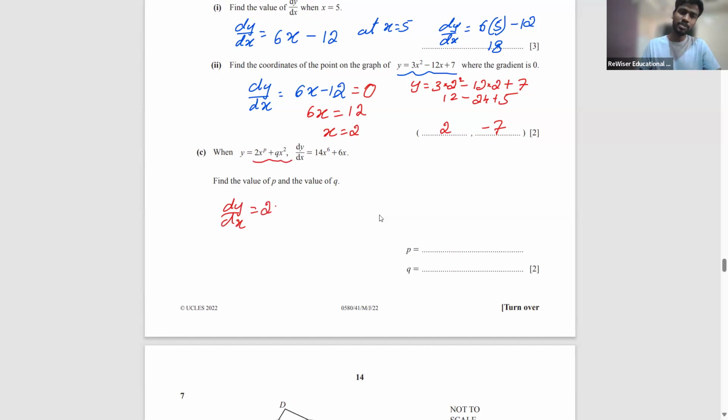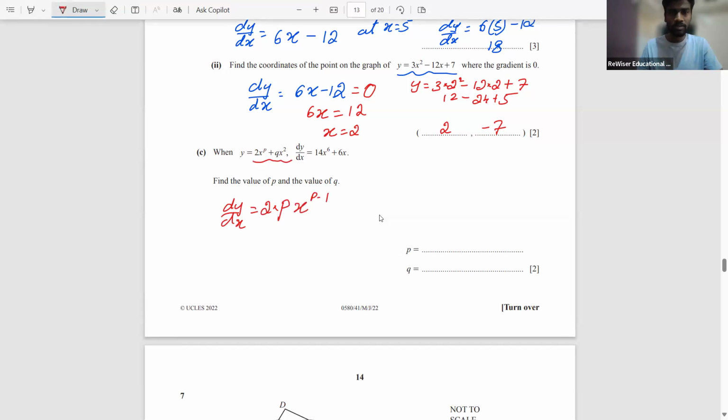We'll keep the 2 as it is. The derivative of x to the power p is going to be p times x to the power of p minus 1. Then plus q, which I'll keep as it is, and the derivative of x squared is going to be 2 times x. Now they are saying this is equal to 14x to the power 6 plus 6x.